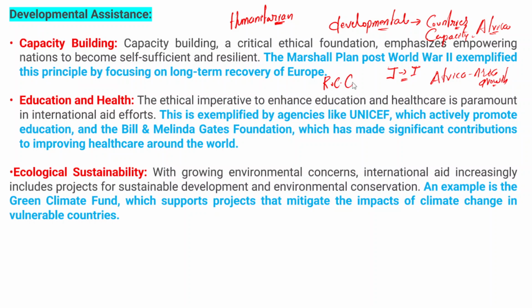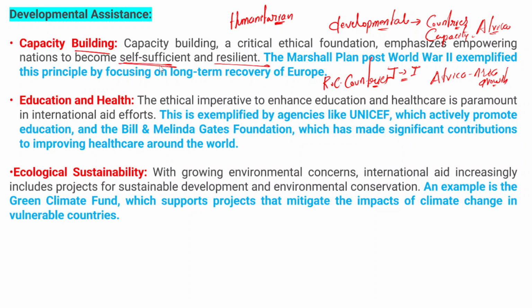When any country gives developmental aid or assistance, the primary motive behind it is capacity building. The capacity building of the receiver country is very important, so that those countries get empowered, become self-sufficient, and their economies become resilient.